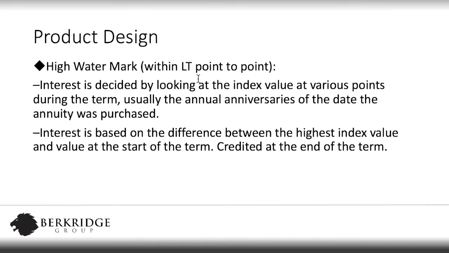Now the high water mark. Within this point to point, the index is decided by looking at the index value at various points during the term, usually the annual anniversaries of the date the annuity was purchased. This is important. Interest is based on the difference between the highest index value and the value at the start of the term, and it's credited at the end of the term.